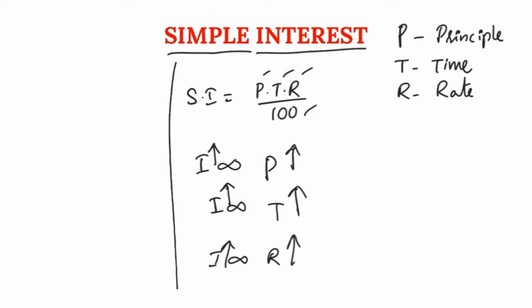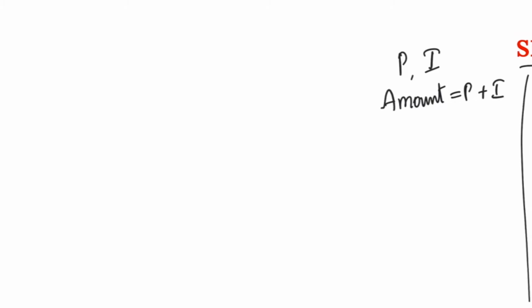And if P rupees are borrowed, if the interest is I, total amount is principal plus interest. So formula for finding simple interest, I is equal to PTR by 100. Amount borrowed, A is equal to principal plus interest.